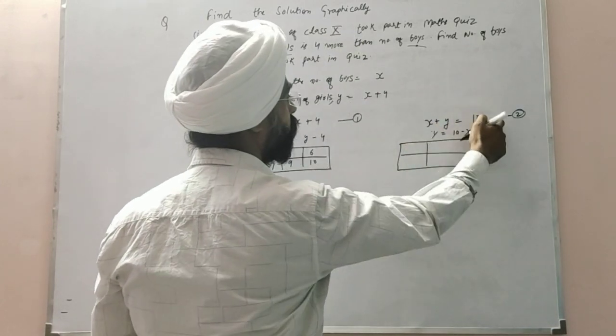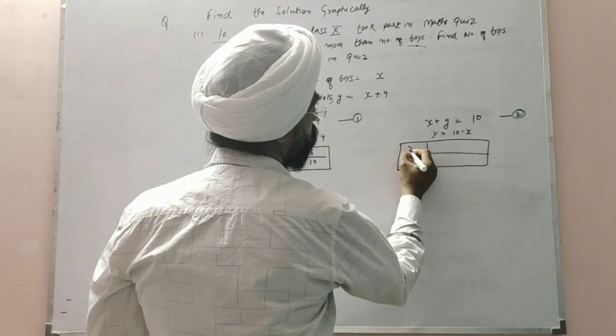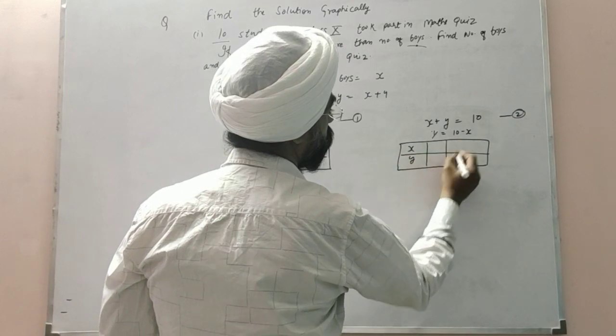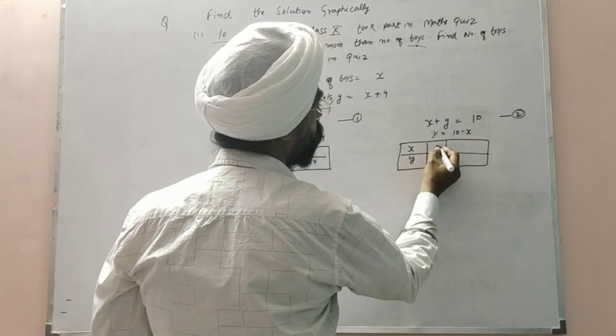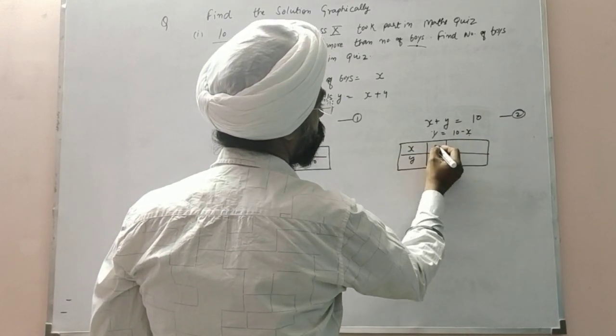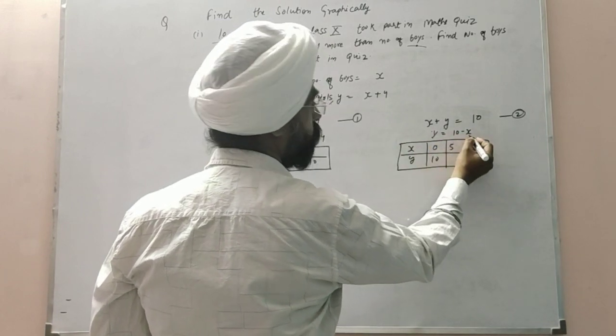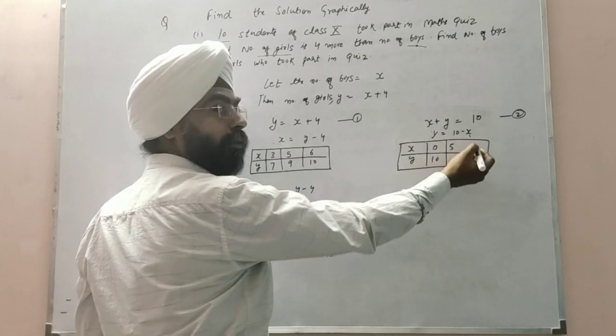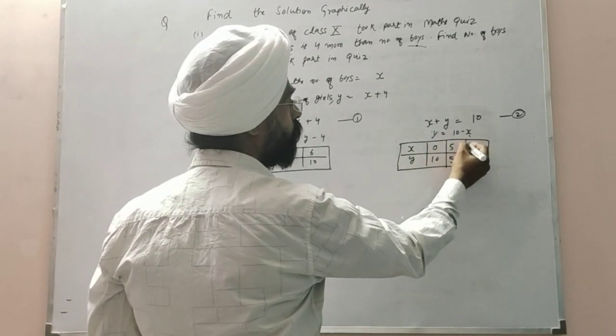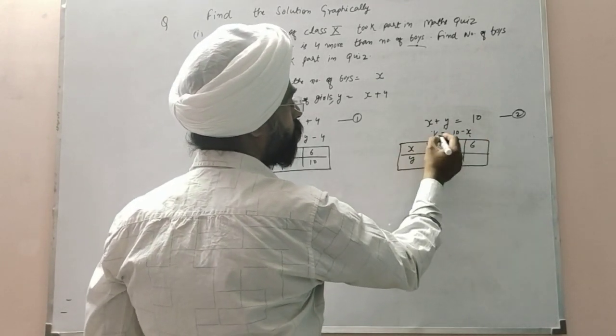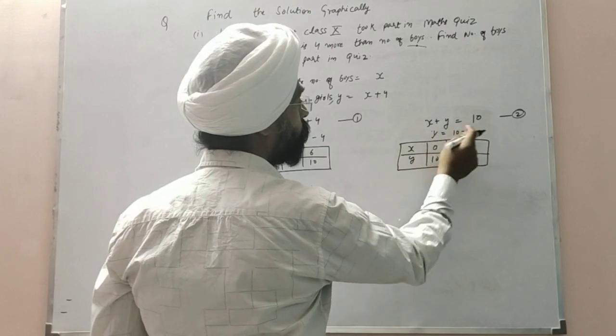When it is transposed, then x and y. Now put x as 0, when x is 0, y will be 10. Put x equal to 5, y equal to 10 minus 5 will give you 5. Take x equal to 6, y will become 4.